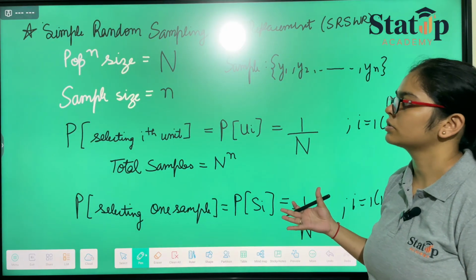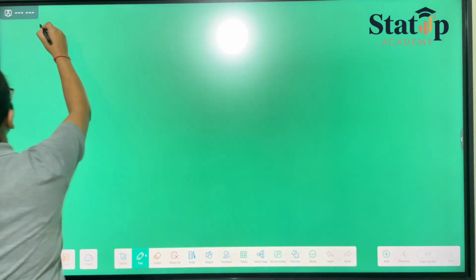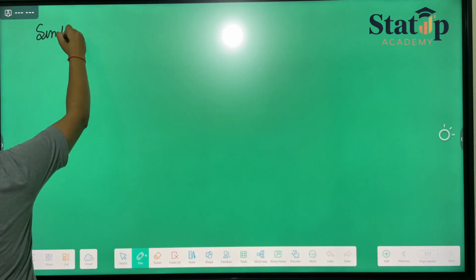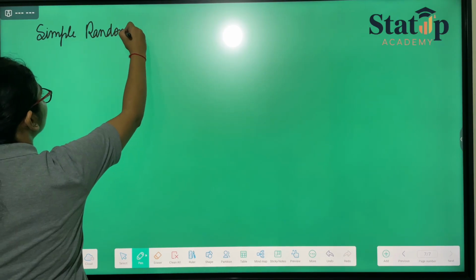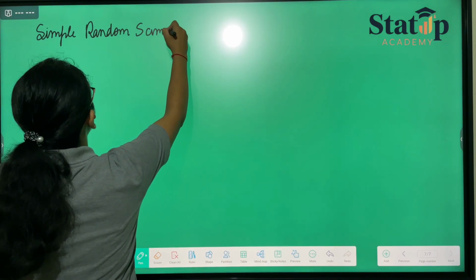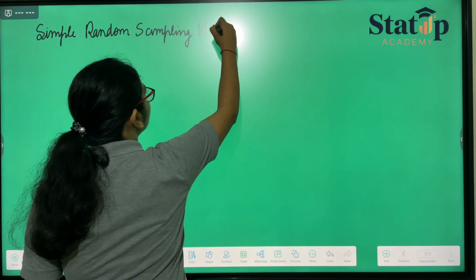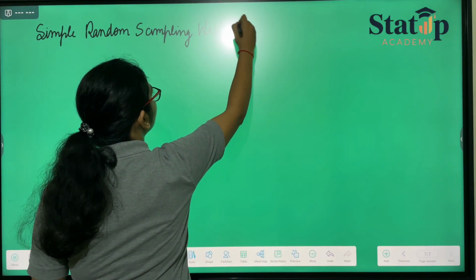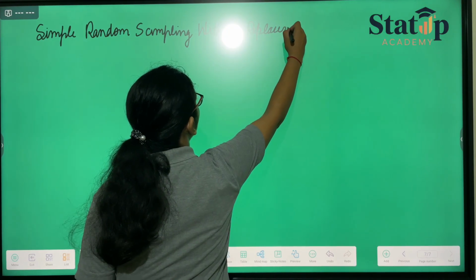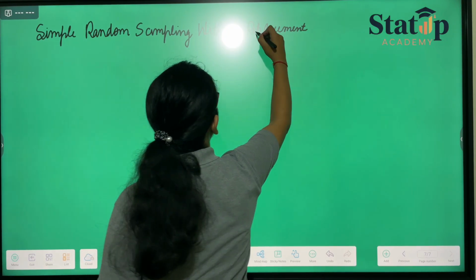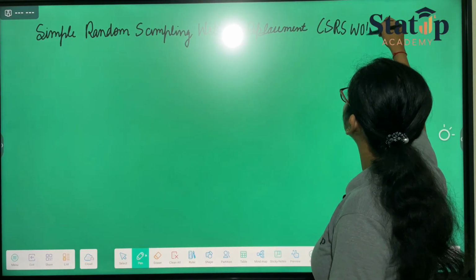Now, simple random sampling without replacement, or we can say SRSWOR.